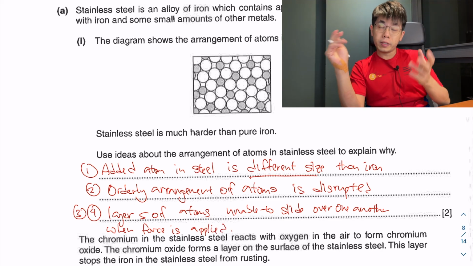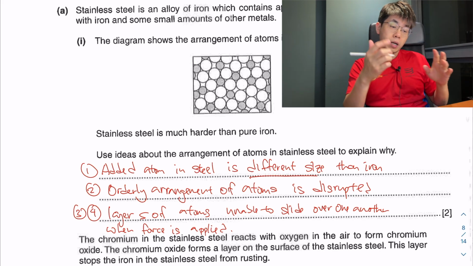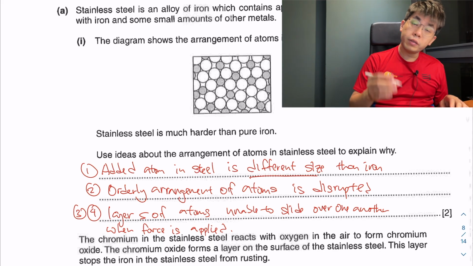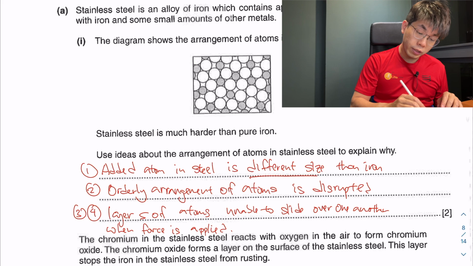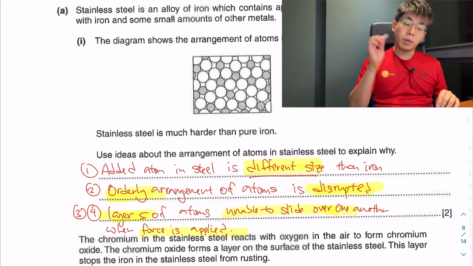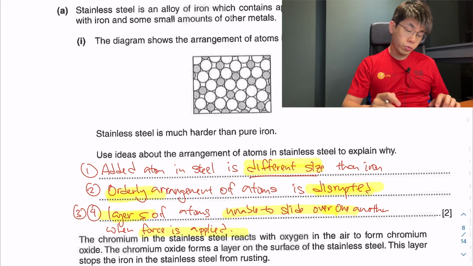So this is how we explain why alloys are stronger and harder than pure metals. Firstly, different size, disrupt orderly arrangement, and then the layers cannot slide over one another when a force is applied. Okay, so that's how you do this.